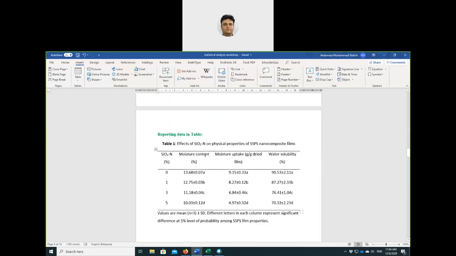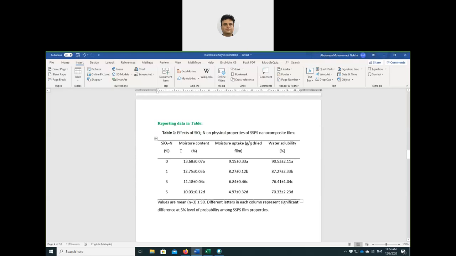Here I take this one from one of my published articles. If you want to report the data in a table, you can see here I reported moisture content, mean plus minus the standard deviation, and you can see the structure of a table.